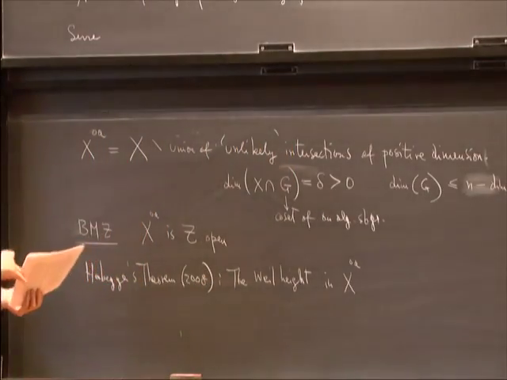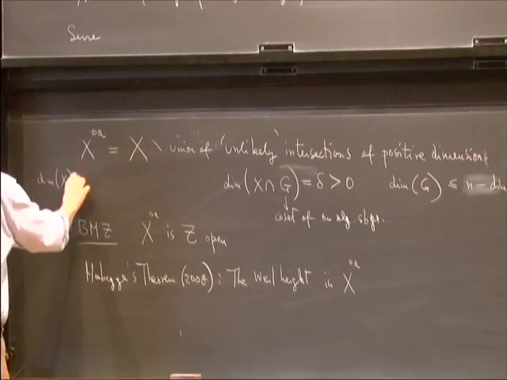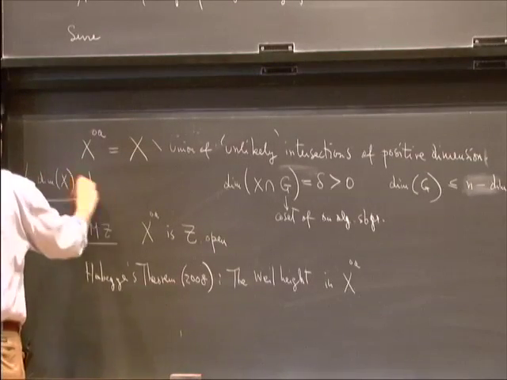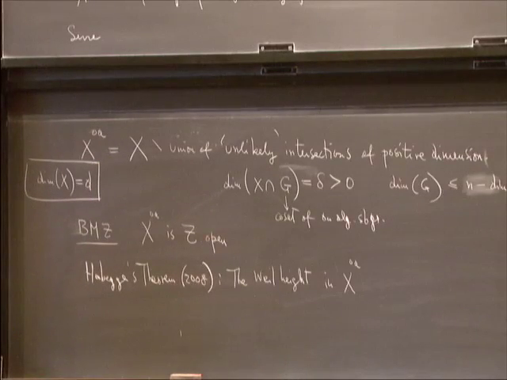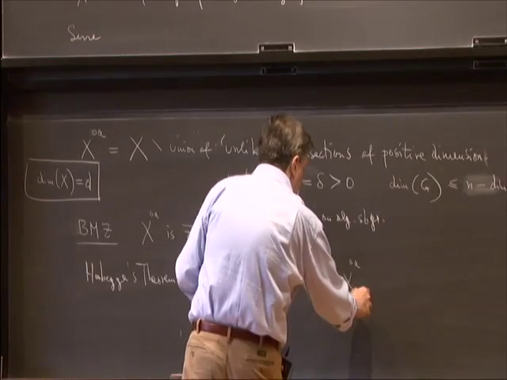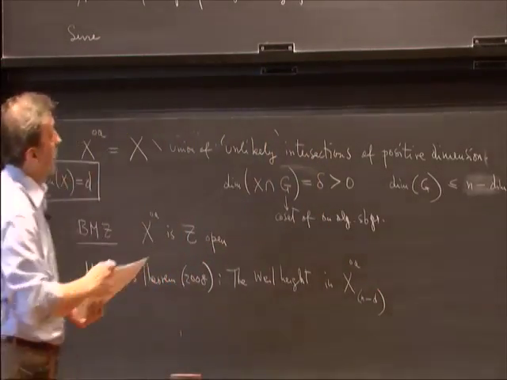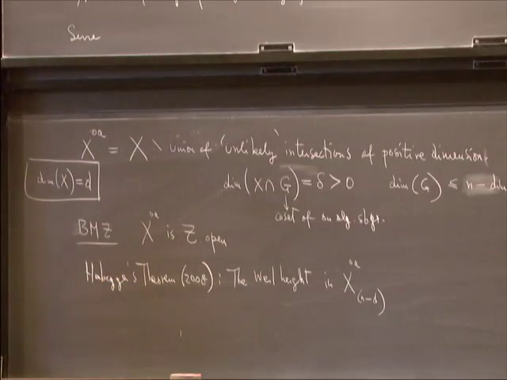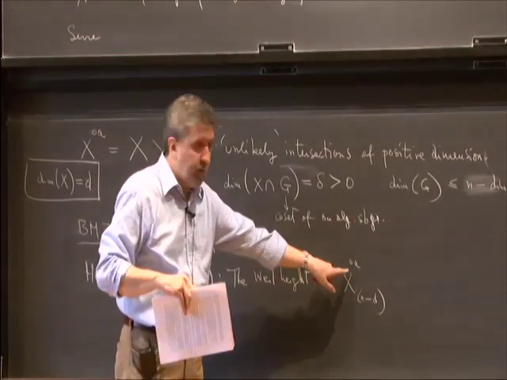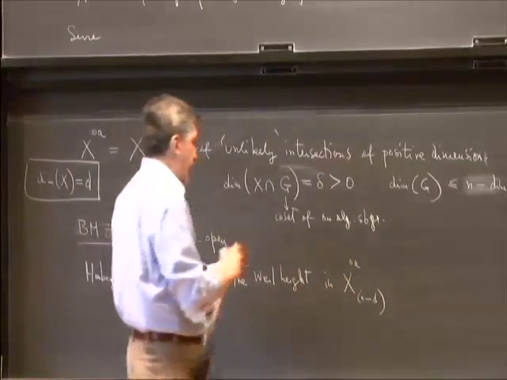So we take again x, a variety of dimension say d, and we now intersect with algebraic subgroups of codimension d, and we adopt the definition I gave previously, but only that we restrict to this set here. So the Weil height here is bounded.